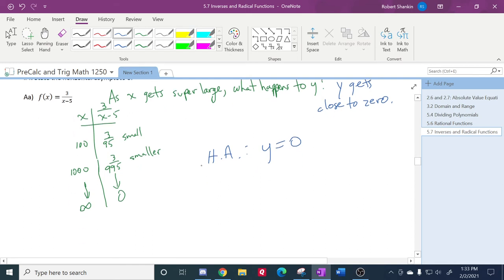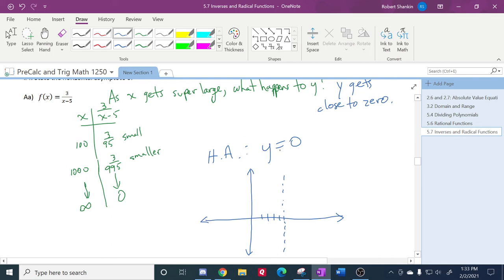When I graph this thing, you already have some other information about this. You might have an x-intercept. You might have a y-intercept. You have a vertical asymptote. You know it has a vertical asymptote at 5. But now you also have this horizontal asymptote at y equals 0.